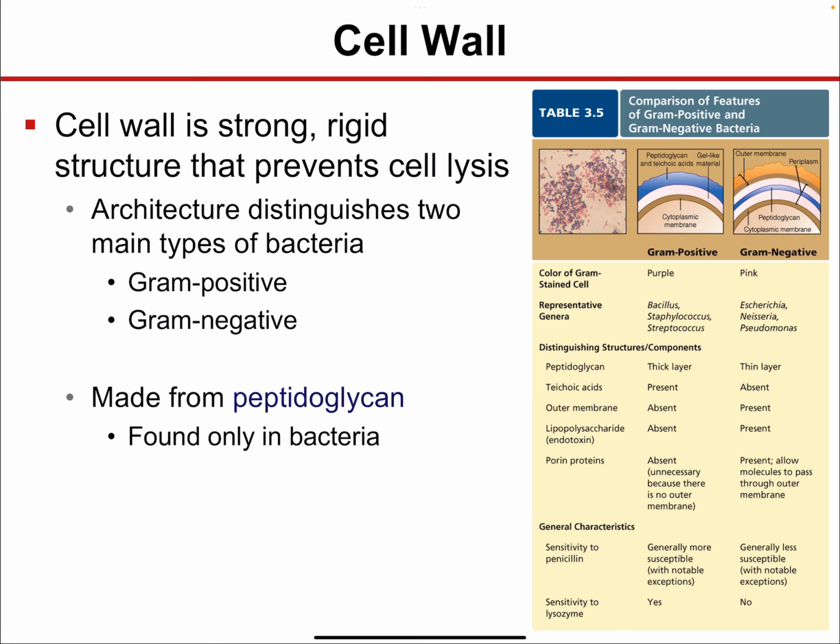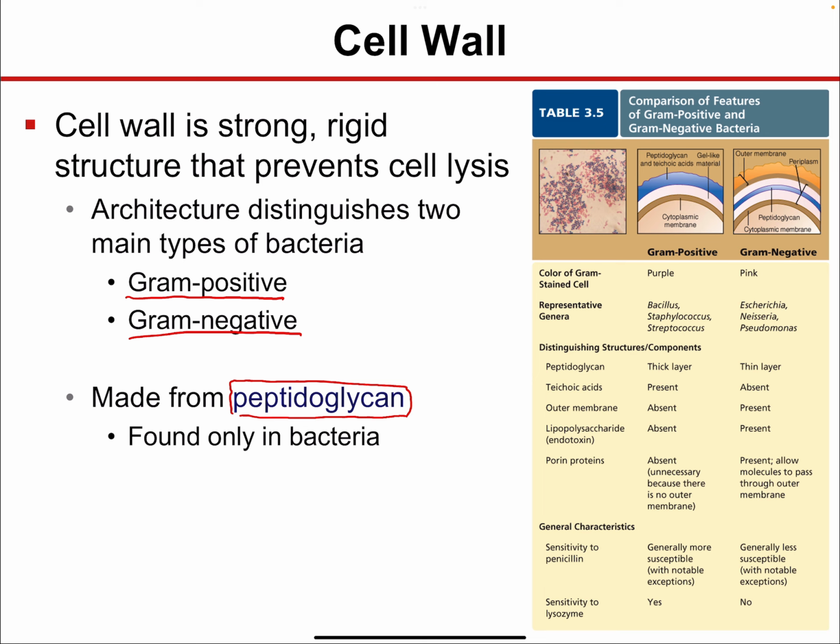Anyway, the cell wall is going to divide the bacteria into two groups, the gram-positive and the gram-negative, right? The peptidoglycan is really what is going to set the difference between gram-positive and gram-negative. Now, let's take a look and compare these two groups of bacteria.